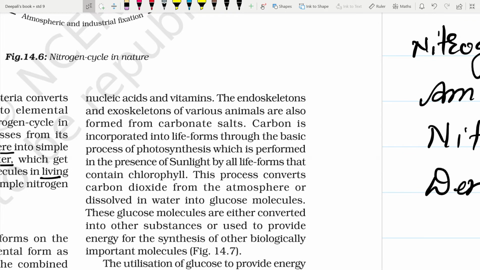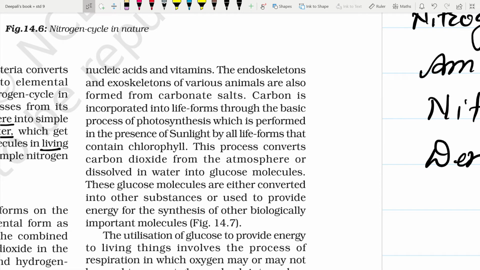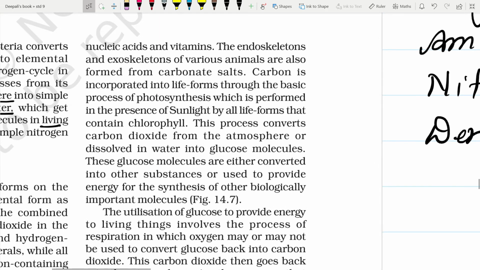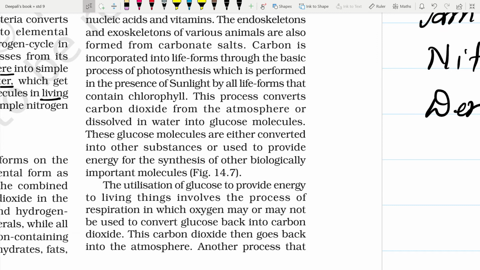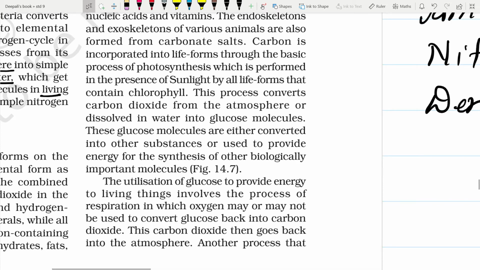Carbon is incorporated into life forms through the basic process of photosynthesis, which is performed in the presence of sunlight by all life forms that contain chlorophyll. This process converts carbon dioxide from the atmosphere, dissolved in water, into glucose molecules. These glucose molecules are either converted into other substances or used to provide energy for synthesis of other biologically important molecules.